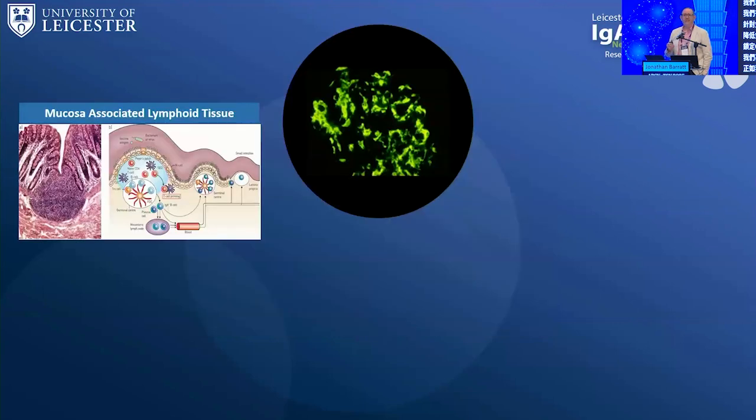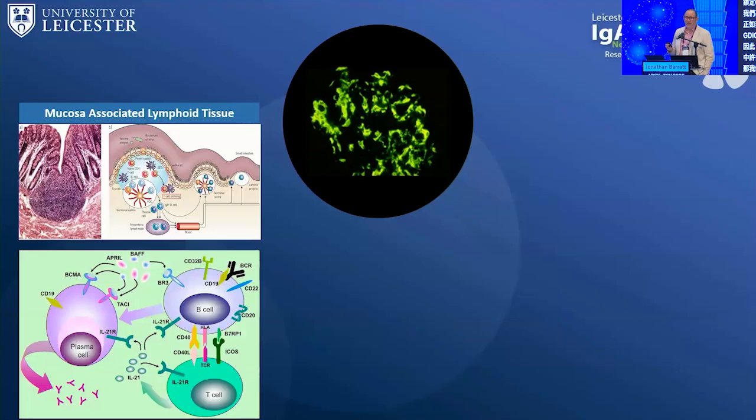So how can we do that? What kind of drugs might we have available? We could take the view that we actually want to target a whole immune microenvironment. So we could target the mucosal associated lymphoid tissue. We could say, actually, what I'd rather do is target individual subsets of lymphocytes involved in immunoglobulin production.